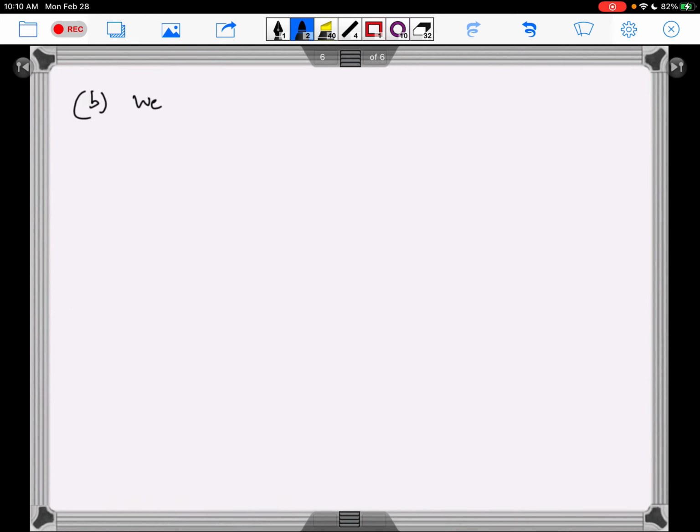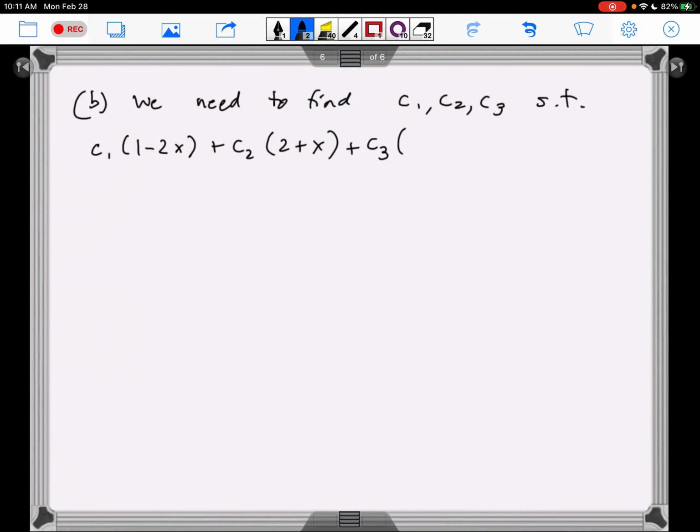For part B, we need to find c1, c2, c3, such that c1 times our first basis vector plus c2 times our second basis vector plus c3 times our third basis vector is equal to p(x), 1 minus 2x plus 5x squared. We know how to do that. This is just a system of equations, right?